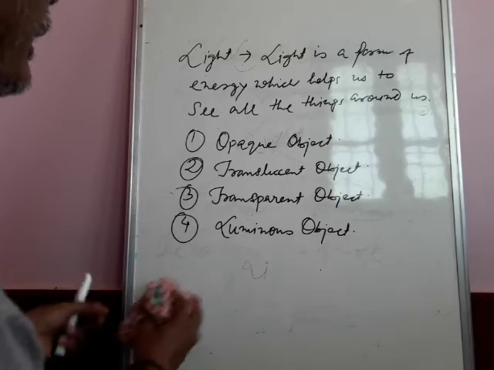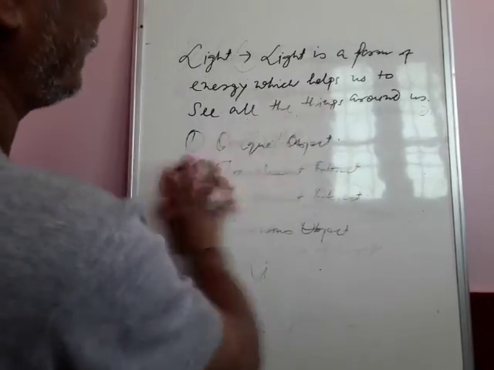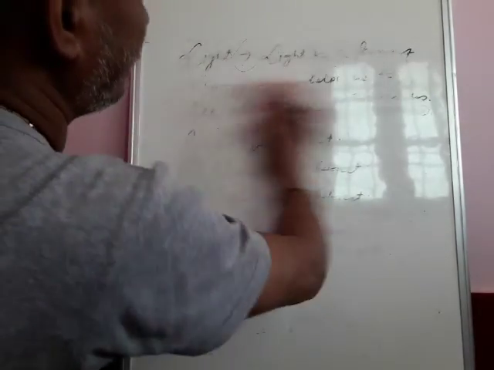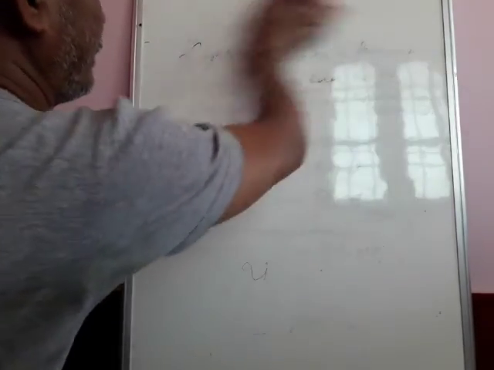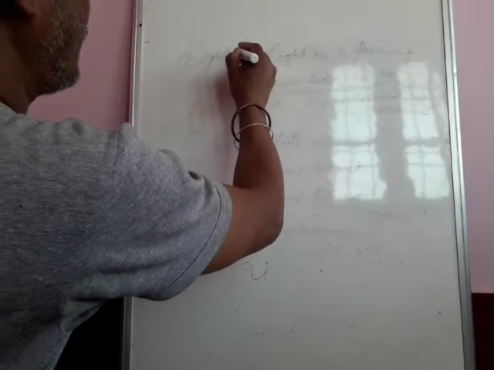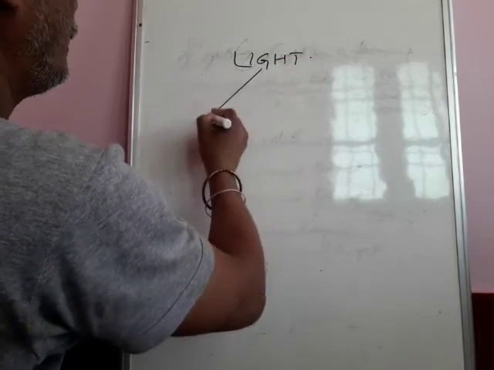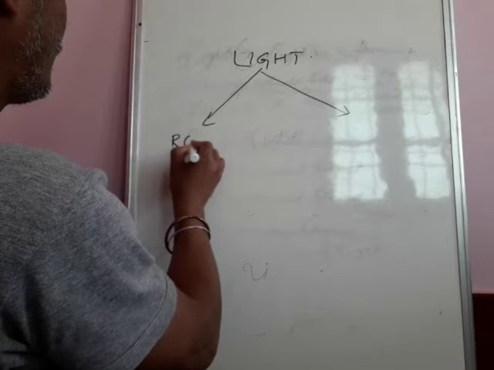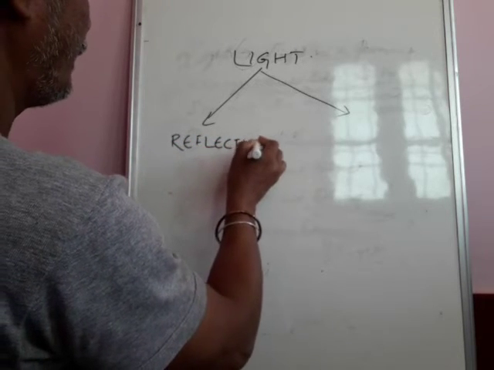Now a short introduction of what is going to come in your next classes. We can divide the chapter light, L-I-G-H-T, into two important parts: reflection and refraction.